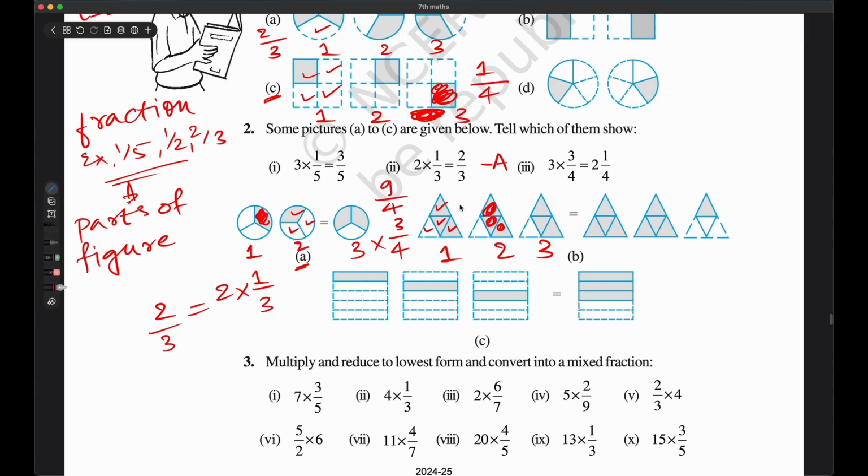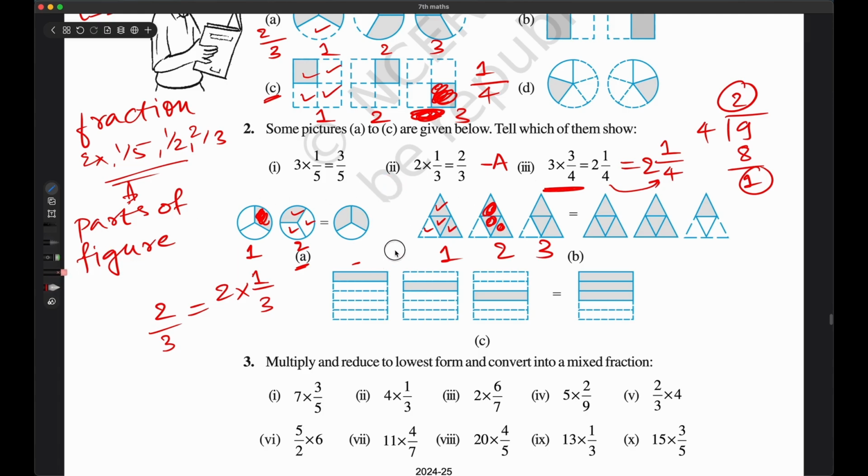So option number 3 represents 3 into 3 by 4, and if we convert 9 by 4 into a mixed fraction, that is 9 divided by 4, 4 2s are 8 and 1 is remainder, we will take the complete portion as whole number and remainder is 1 and denominator as it is. So the second figure represents option number 3.